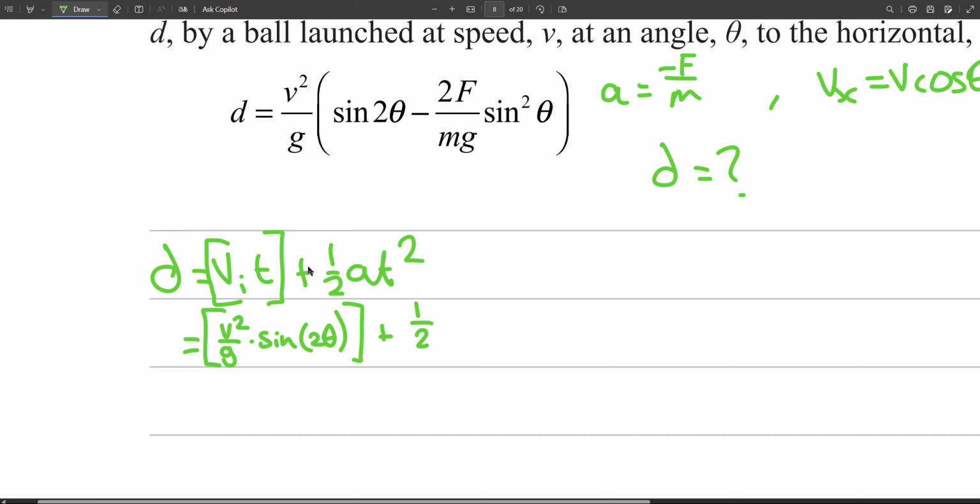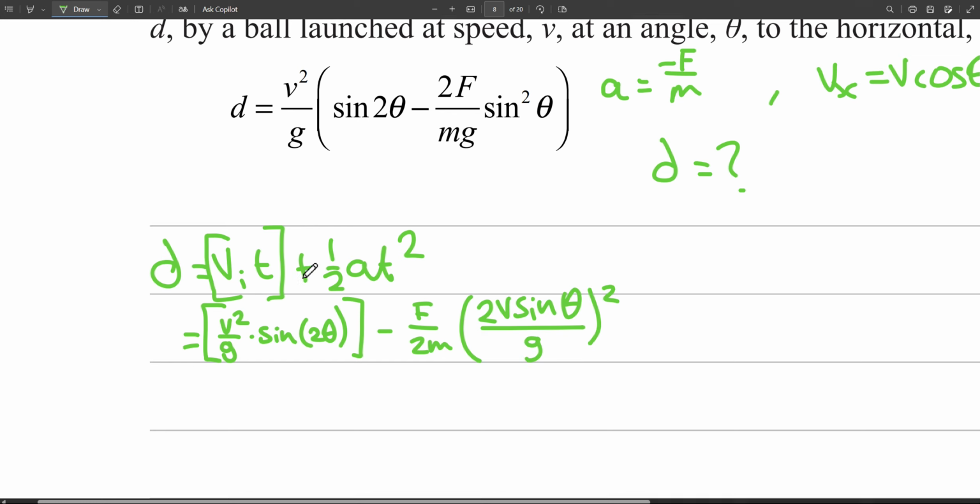That would become a half, then minus F on m, bracket, and then t equals 2v sine theta on g, squared.